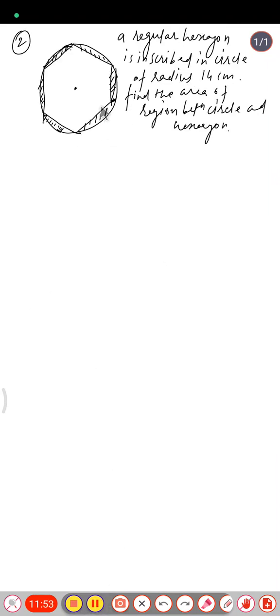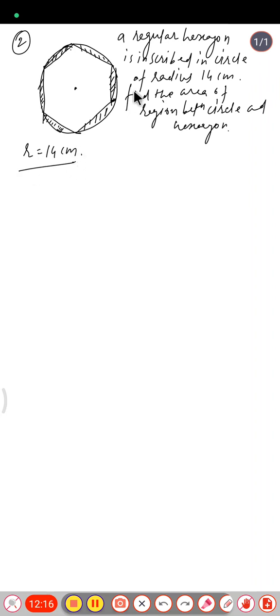So our next question is, we have a circle, and inside the circle you can see a hexagon. Hexagon is a polygon having 6 sides, right? We have the radius of the circle, r, which is 14 centimeter given.